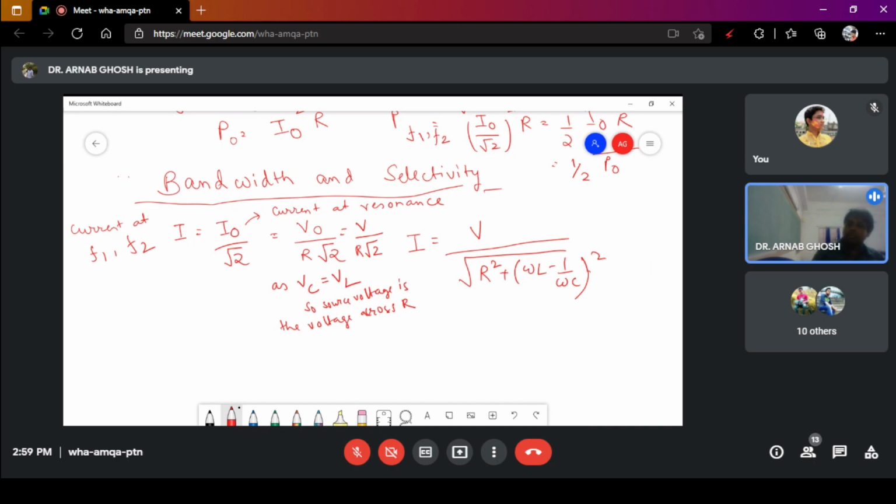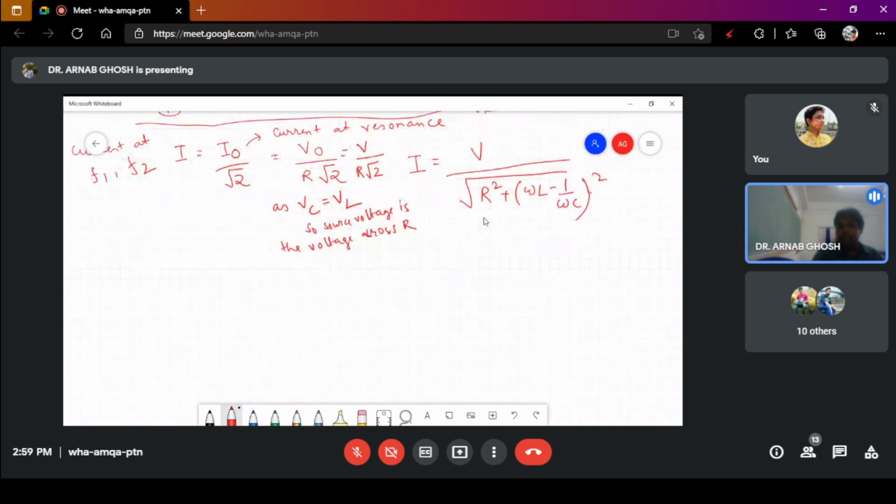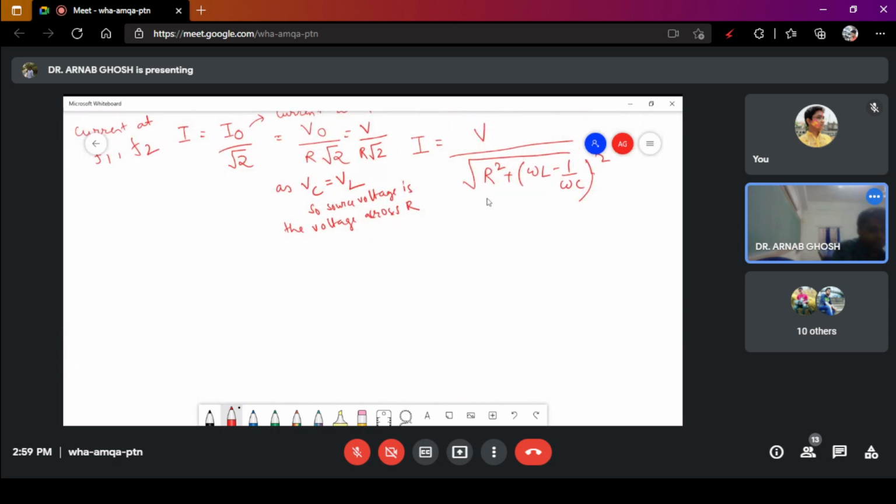Again, I is equal to V by root over R square plus (omega L minus 1 by omega C) whole square. So you can equate these two. V upon R root 2 is equal to V upon root over R square plus (omega L minus 1 by omega C) whole square. Squaring, V square by 2R square is equal to V square by R square plus (omega L minus 1 by omega C) whole square. V square gets cancelled.